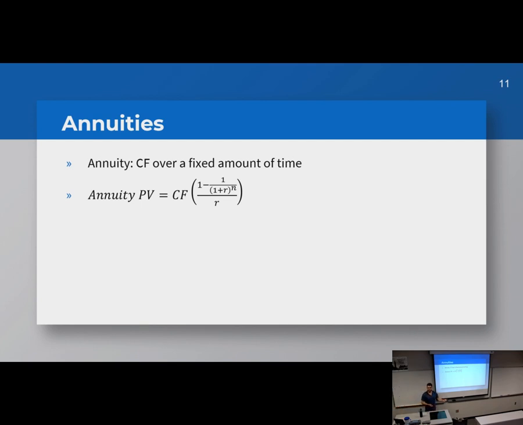We'll be using that pretty frequently. The annuity formula, there's a lot going on there. And very often we'll either be using the time value function in Excel or a cash flow table rather than the annuity formula. We'll be doing a couple examples with it today, but I definitely recommend using a cash flow table or the Excel function rather than this formula.